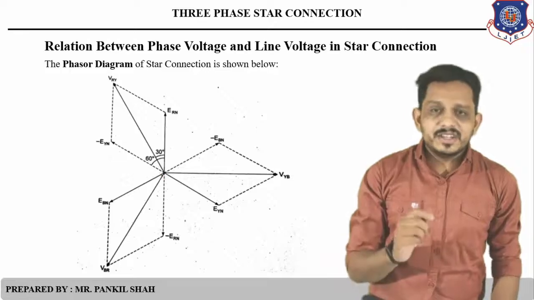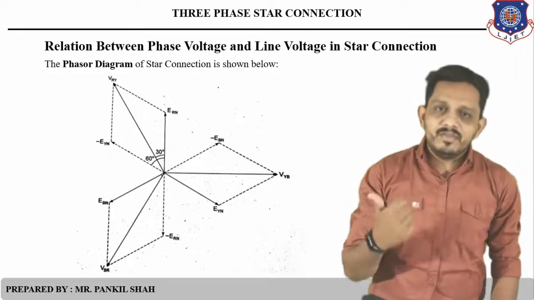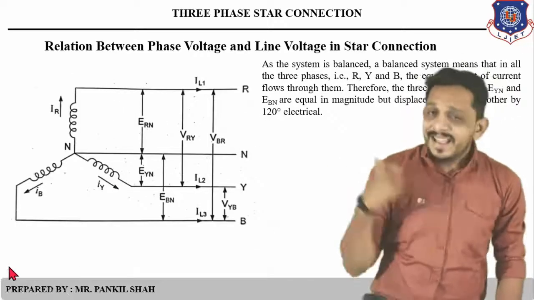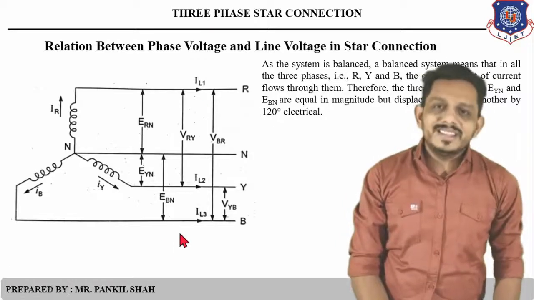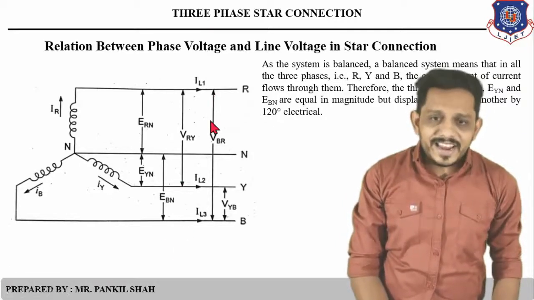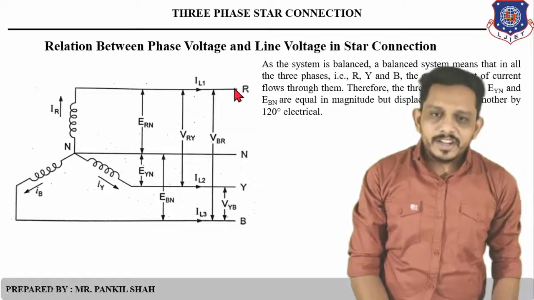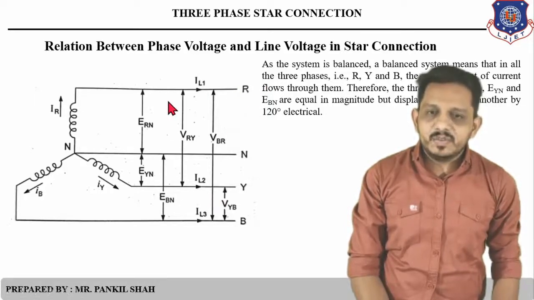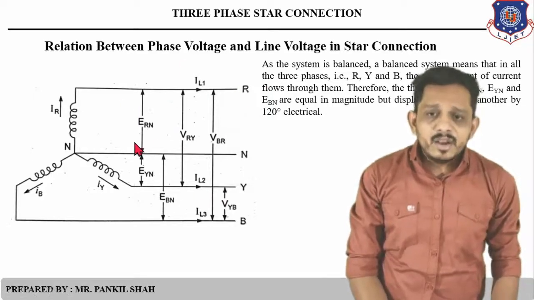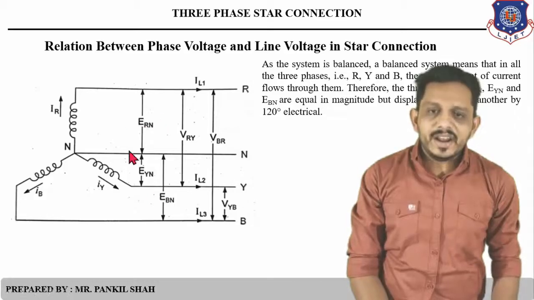Now let's consider the same diagram that we have discussed earlier. In this diagram, you can see that the line voltage, that is the voltage between R and Y line, VRY, is the phasor addition of ERN and EYN.